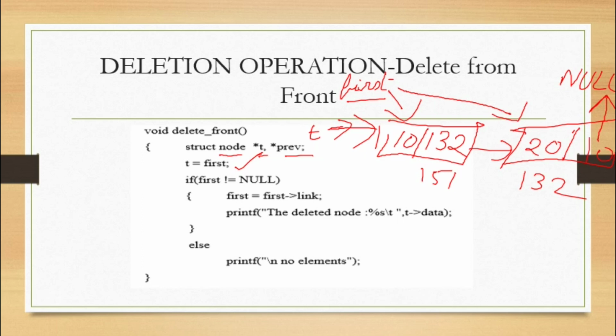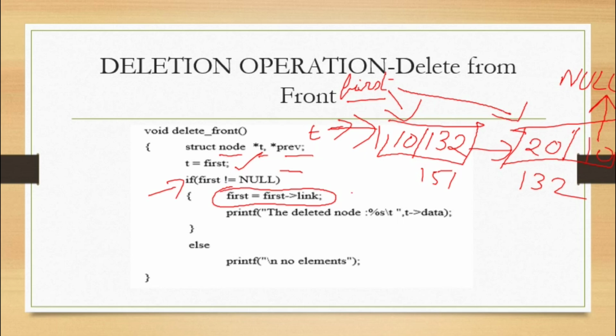that means we already have some node here. So what we need to do is the main step which will delete: first is equal to first of link.